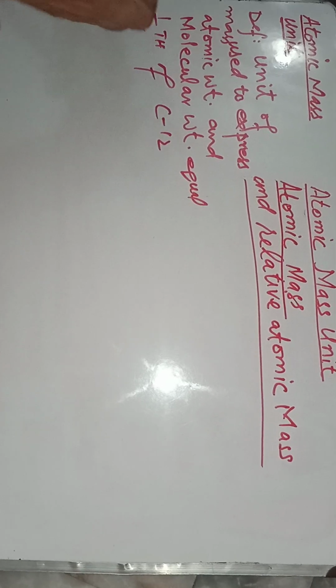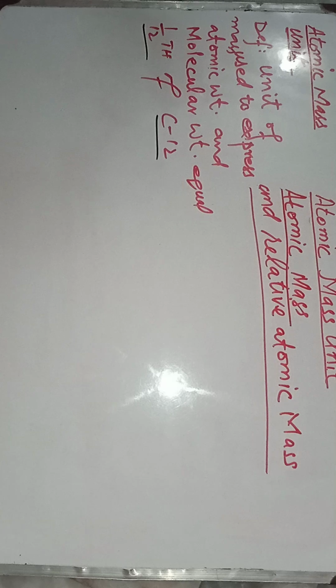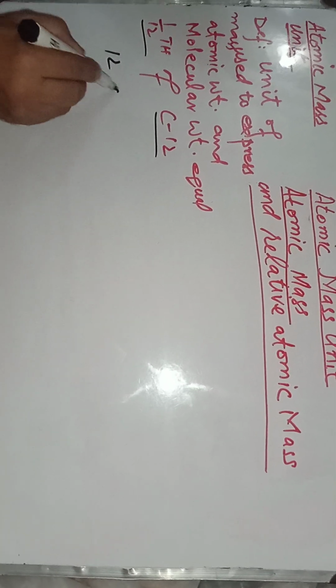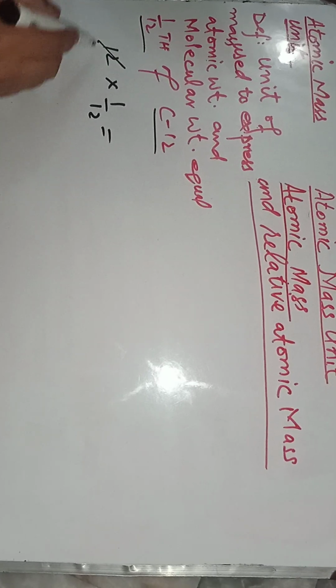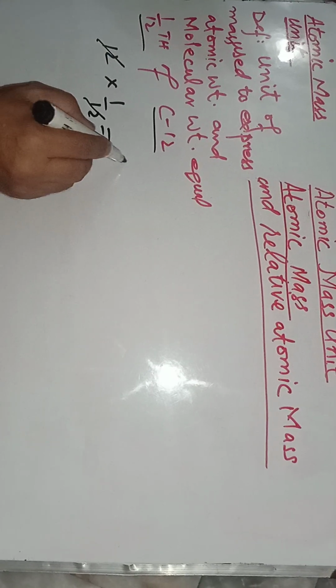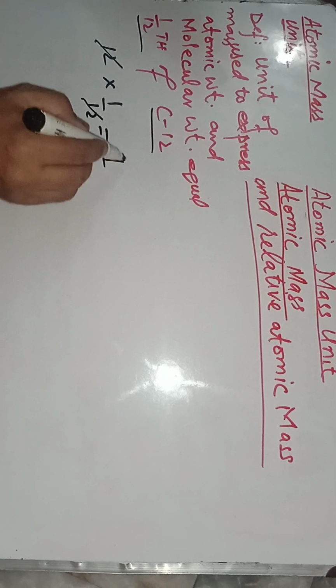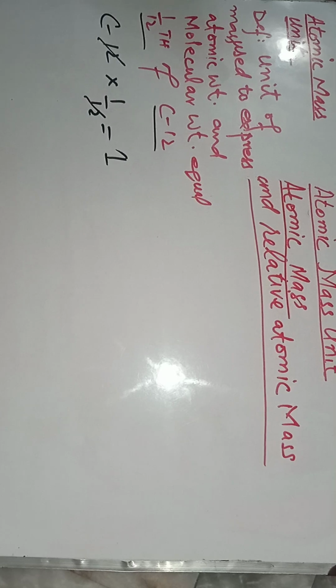Clear? Which is exactly 1. For example, 12th of carbon 12 is like this, so it will get cancelled and then the result will be 1. This is carbon 12 and this is 12th of carbon 12.